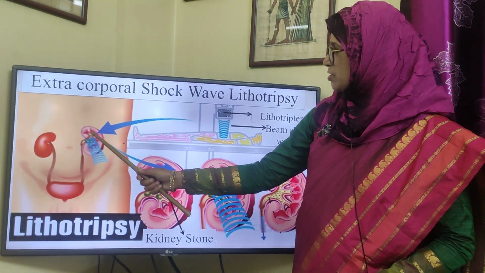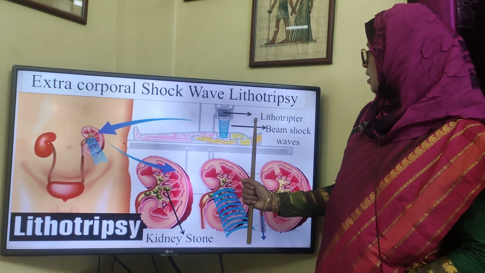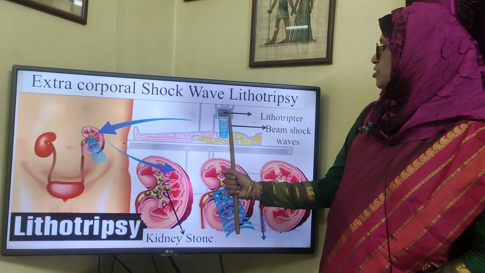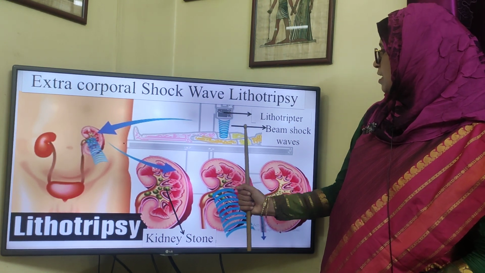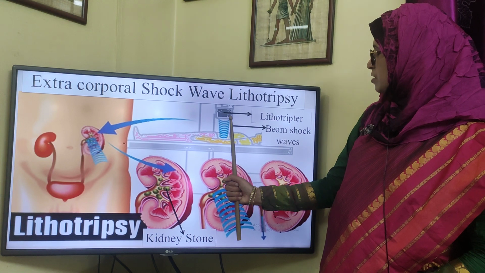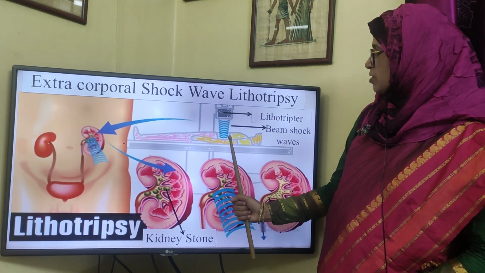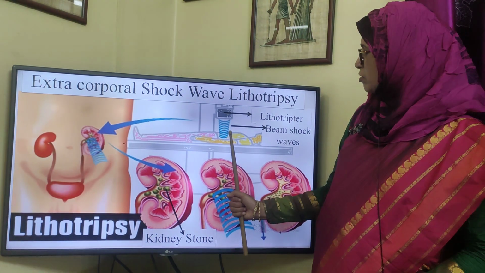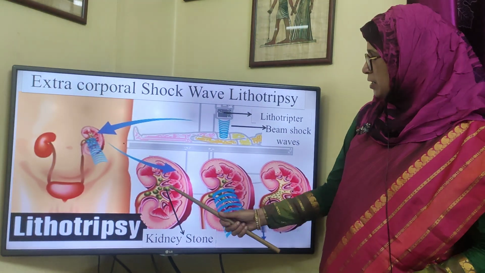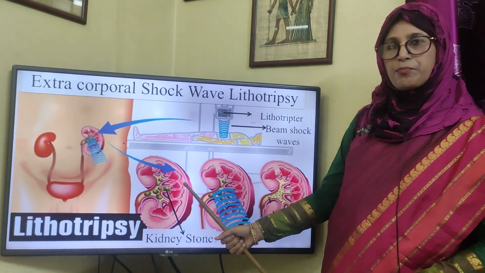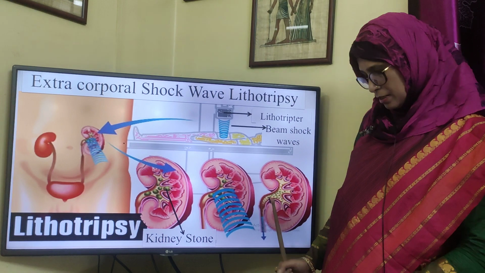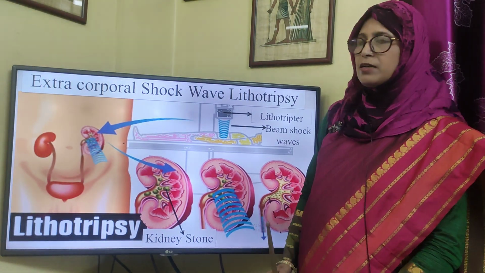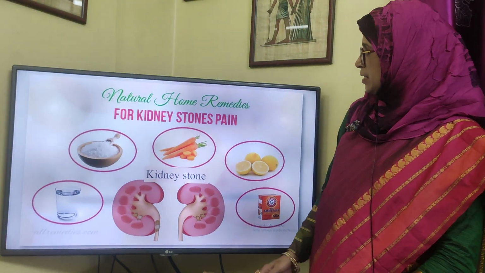Here this is the kidney and this pathway, and this is the lithotripter, and this is the beam of shock waves. This is the instrument, and when these ultrasonic shocks are applied, the stones break down into small pieces and then come out. Okay, this is lithotripsy.